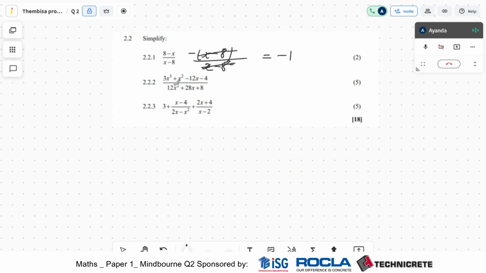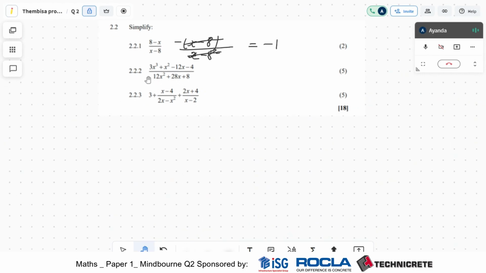It's pretty easy. Next up, we have 3x cubed plus x squared minus 12x minus 4, all of that divided by 12x squared plus 28x plus 8.